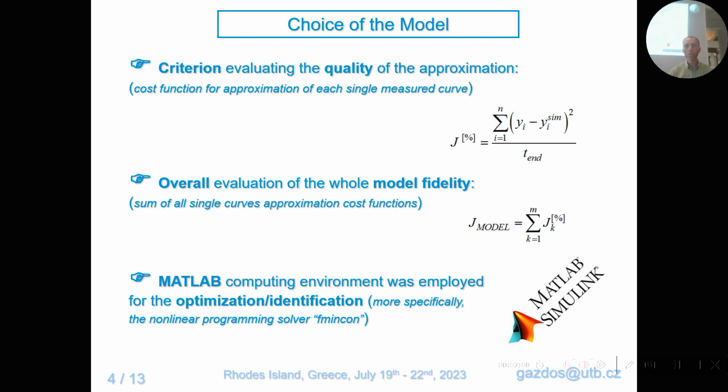More specifically, we used the function fmincon, which is in fact a nonlinear programming solver and does function minimization, multivariable minimization with constraints. So you can define easily constraints on the parameters so that they are feasible, they have practical meaning.